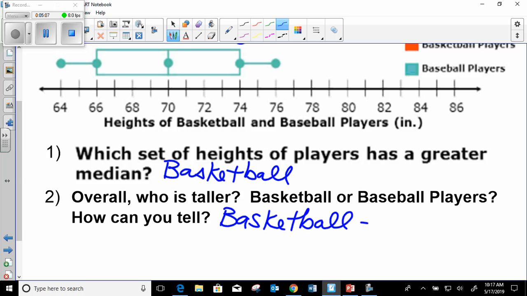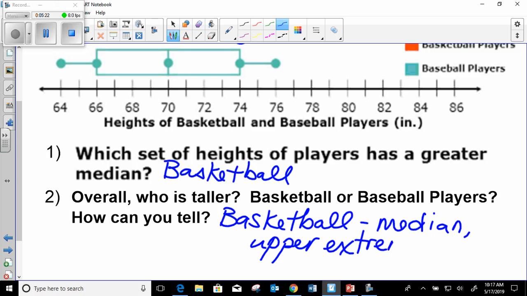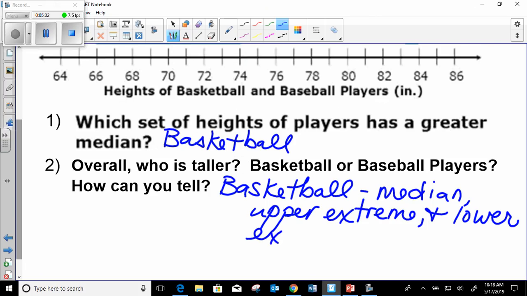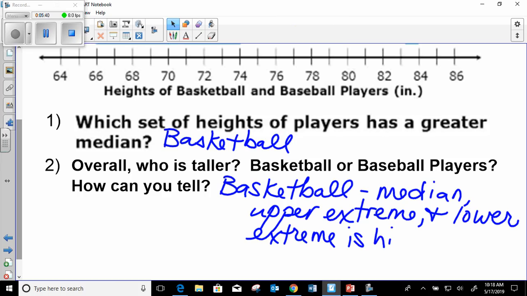And then I would say median, upper extreme, and lower extreme are higher.